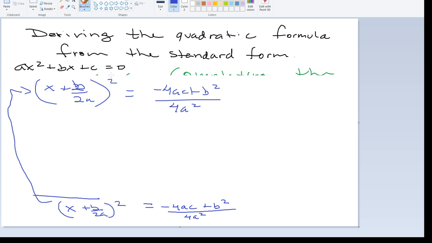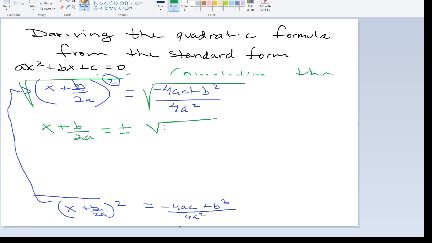To get rid of this exponent of 2, remember, we simply square root both sides, and that goes away. So we have x plus b over 2a equals plus or minus the square root of negative 4ac plus b squared.